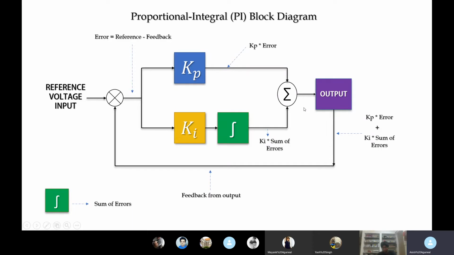Basically our aim is to make the output as close as possible to the reference voltage with the help of PI regulation. Does anyone have any doubt with the block diagram? The code is just the functioning of the block diagram, nothing different. So if you have any doubts, please say so now.